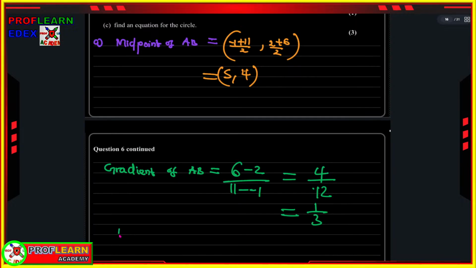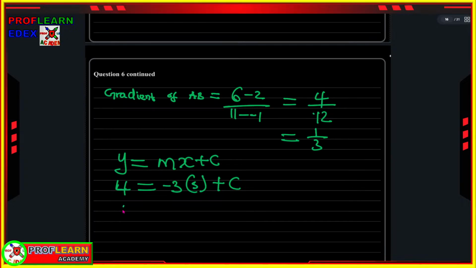Then we can now say y equals mx plus c. y is 4 equals the gradient, which is -3, x is 5, then plus c. So which means 4 is equal to -15 plus c, which implies that c is equal to 4 plus 15, which means this is going to be 19.